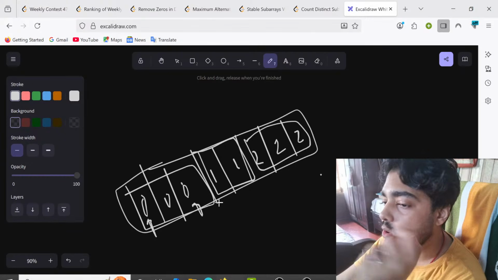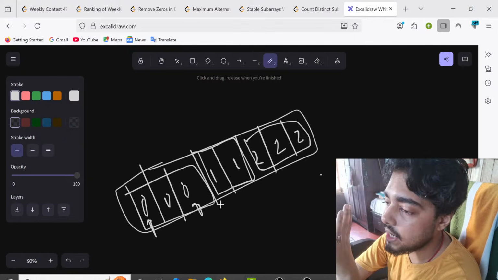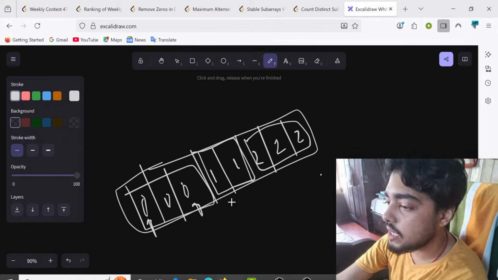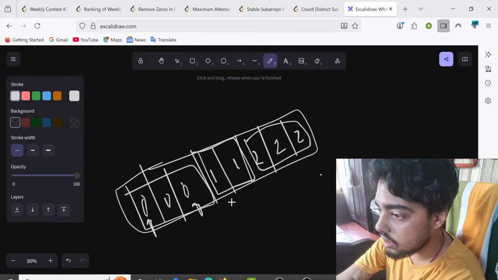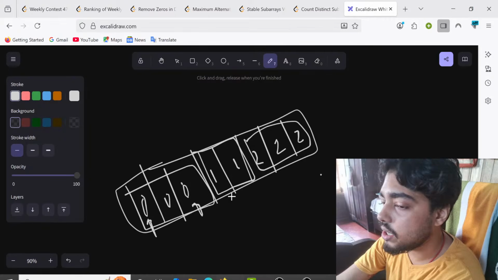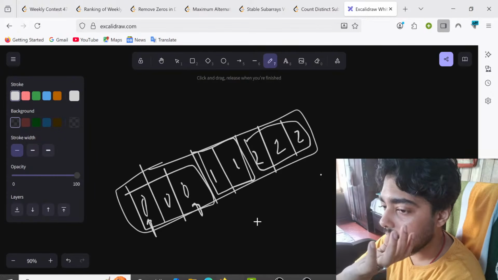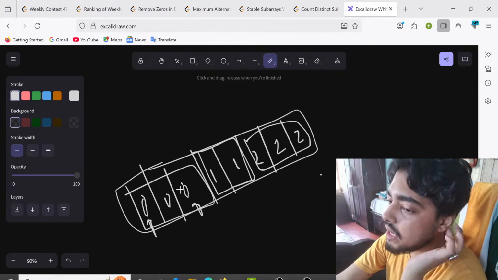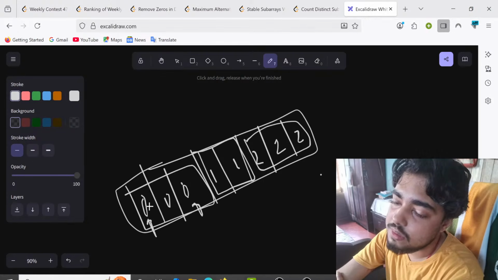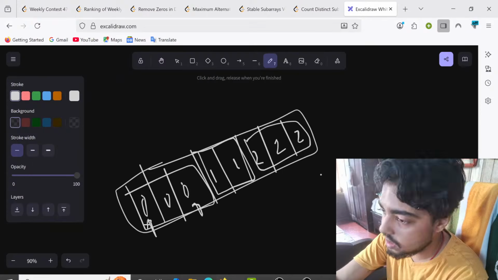If they don't lie inside the same group, we don't have to check anything. We can directly say भाई इसके अंदर जो भी distinct हो, जो भी जितना भी normal subarrays होगा, divisible, put it out directly. Okay. The last element is the element that you are going to put in the subarray, and the first is the first element that you are going to put in the subarray.